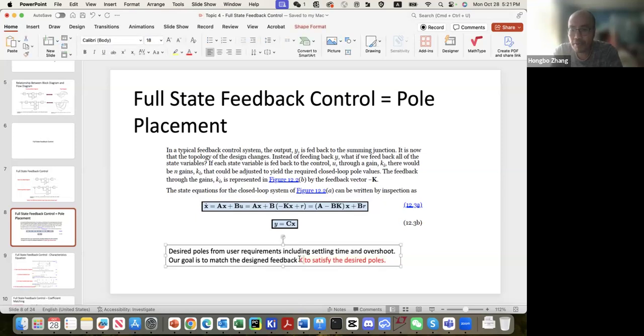How is K even relevant to the desired poles? Of course, we know it's relevant. The way we know is that we need to do a little bit of mathematics here.